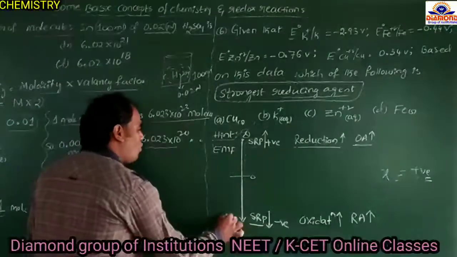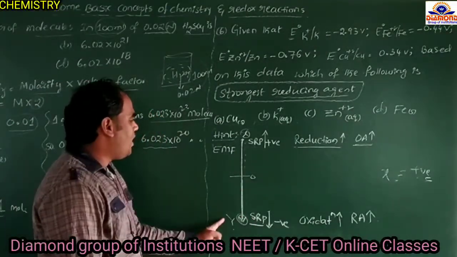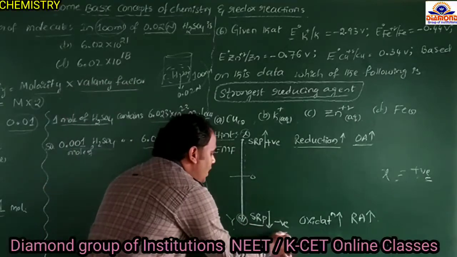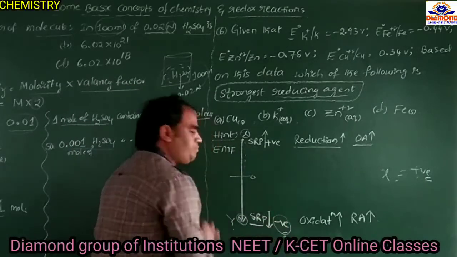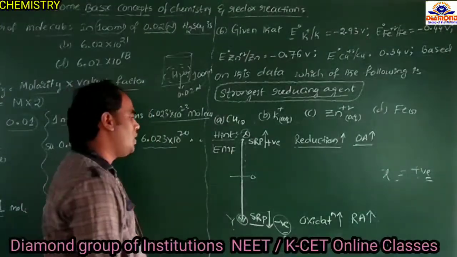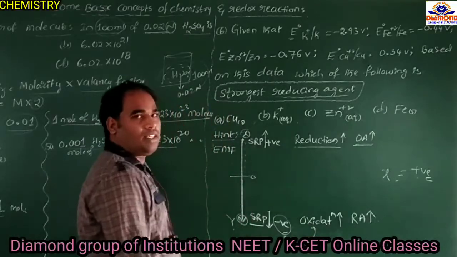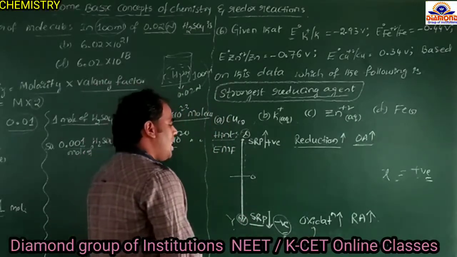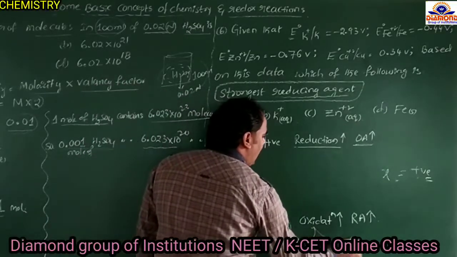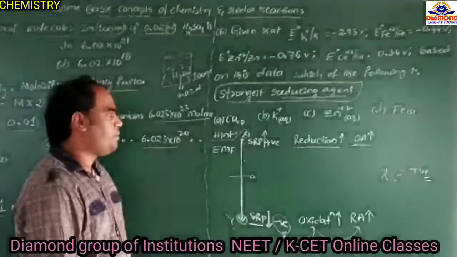Now take element Y at the bottom, the lowest one. Y has a negative standard reduction potential value, so it undergoes an oxidation reaction and acts as a reducing agent.